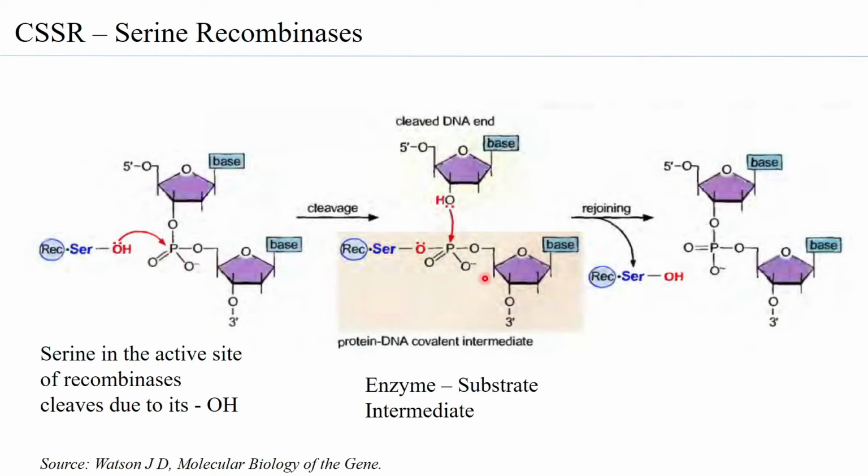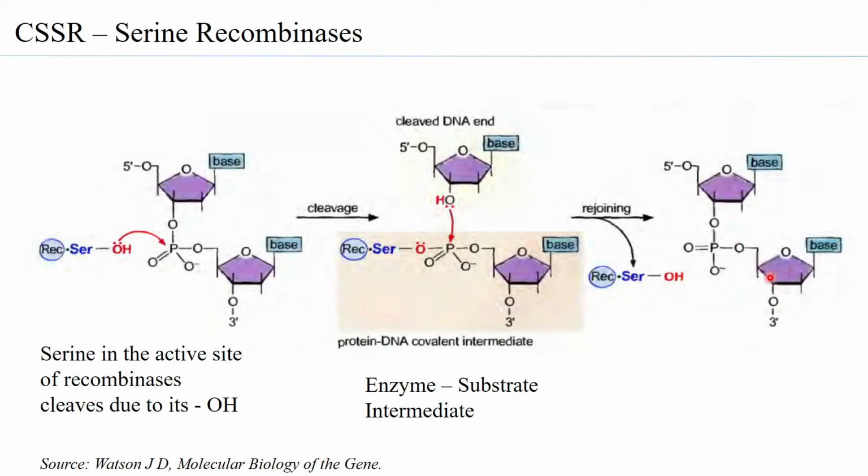So you can see how an intermediate is formed where the serine is directly bound to the phosphate, and this OH has been cut from this part of the DNA. So the DNA has been cleaved at this point. Next, this OH, which is now free from the phosphodiester bond, will again act as a nucleophile and cut in such a way that the serine OH is removed, but the phosphodiester bond is formed again.